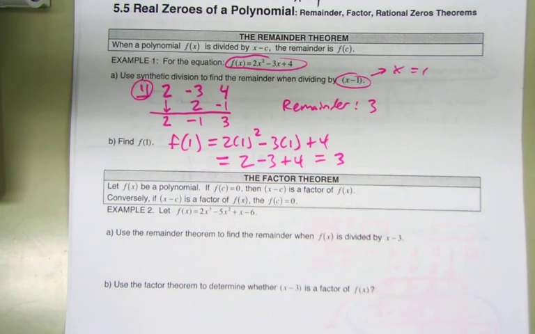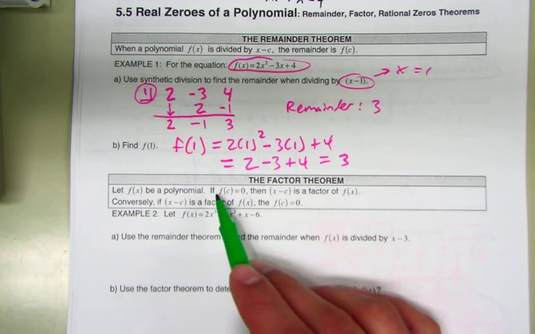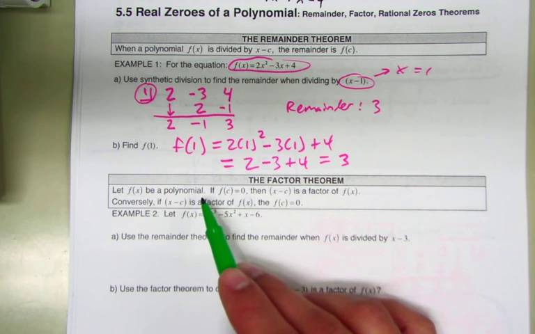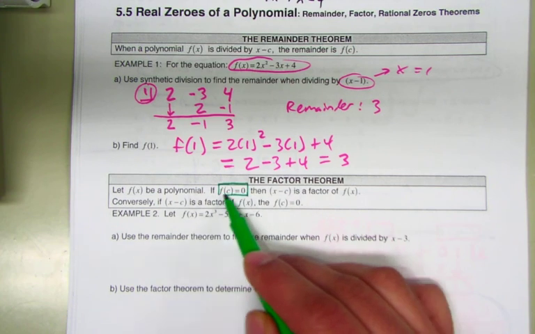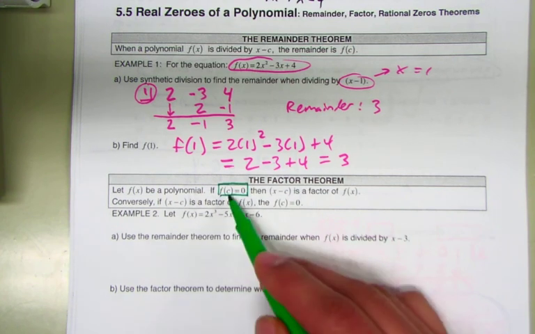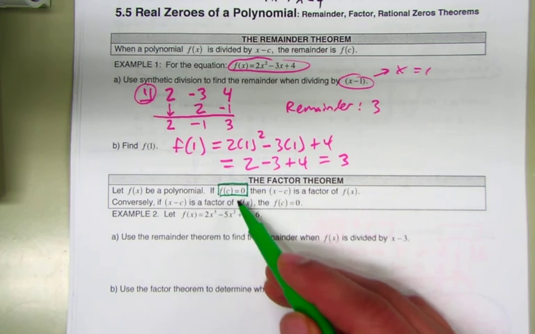The next theorem here, the factor theorem, we've already kind of been dealing with. We just haven't really formalized it. Okay? So let's start from the beginning. If I plug in a value c and I get 0, that means there's no remainder, right?